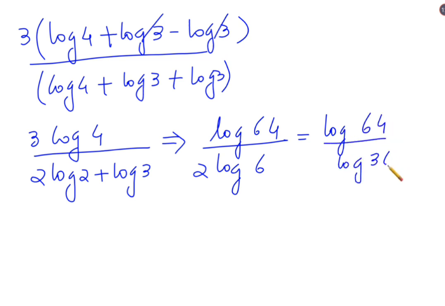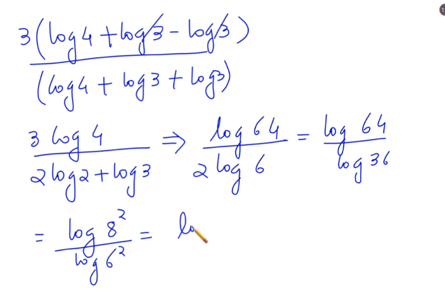I can take the integer part as the index, which can then be written as log of 8 square upon log of 6 square, taking the indices down. So basically I'm left with log of 8 upon log of 6, which can be written as log of 8 to the base 6.